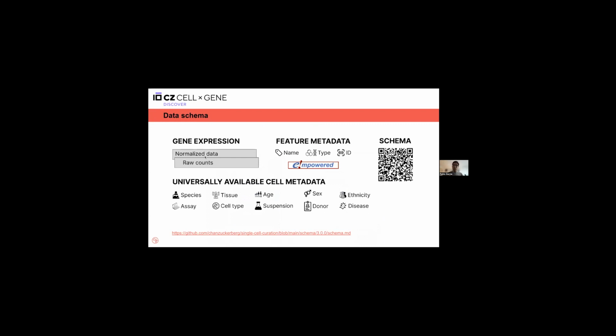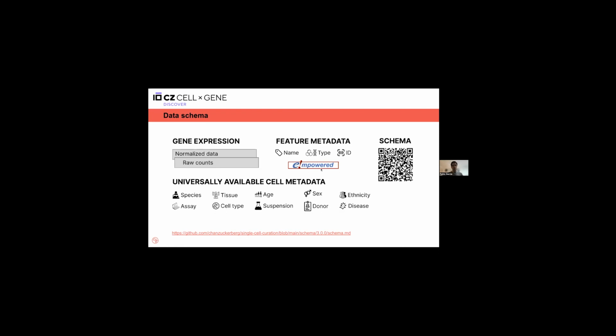And for all the cell metadata and gene metadata that we have, our data that we host has been through a very strict standardization process where we have put all of our data sets in the same vocabulary. So if you grab two different data sets, you can rest assured that the cell type labels are going to be equivalent among them and all the other metadata labels that I'm showing here. The same goes for gene names and gene IDs.